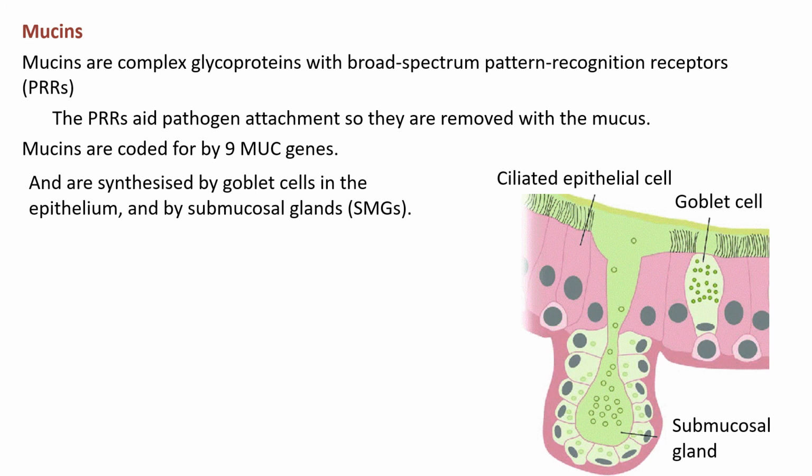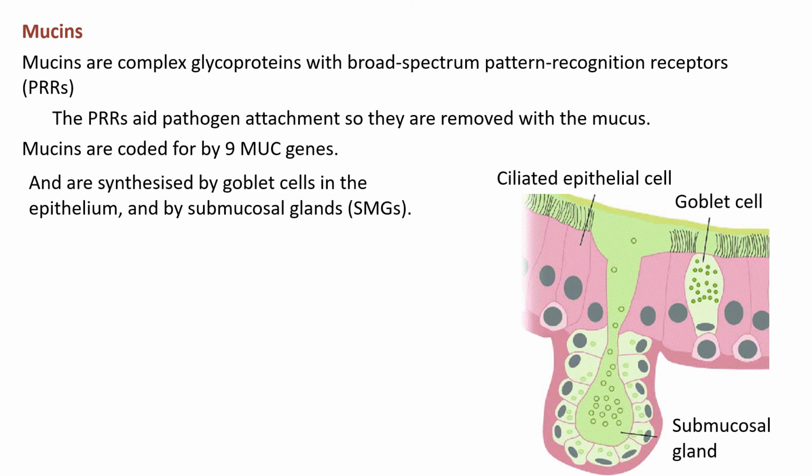Mucins are synthesized then by goblet cells. I'm sure you've all heard of goblet cells. Goblet cells sit between the epithelial cells of the respiratory tract. And you can see one there in the diagram. It opens directly into the lumen. But also, mucins are secreted by submucosal glands in the respiratory tract. These are much larger glands that sit below, and within them they have cells that synthesize and secrete mucins.